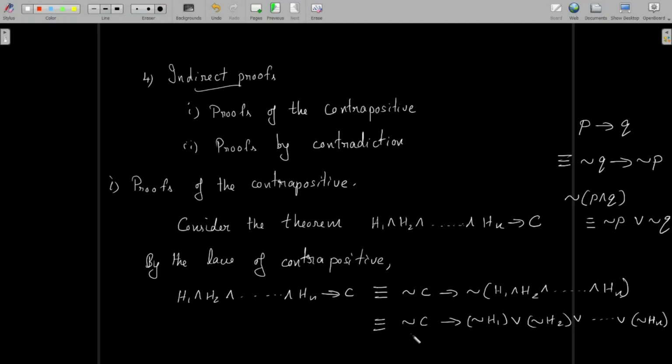That is, if the conclusion is not true, then at least one of the hypotheses is not true. So to prove the theorem, conjunction of these hypotheses implies the conclusion C, it is enough to show that negation of C implies disjunction of the negations of the hypotheses.